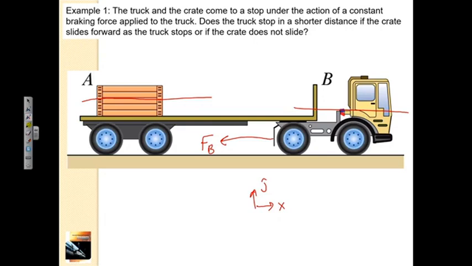If you did that, you could solve for XB, because I've got my T1 and I've got XB here. So XB is (mA plus mB) vB1 squared over 2 times my braking force, FB. And again, this is for the case of no sliding.